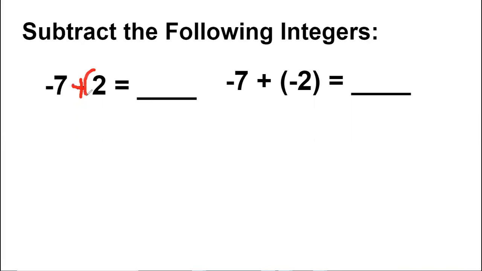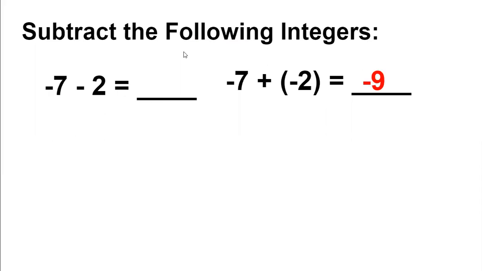And we put the imaginary parentheses here, and we're going to change it to a -2. Okay, so the answer then, what did you get? -7 plus -2, you're going to end up more in debt, right? How much? -9.